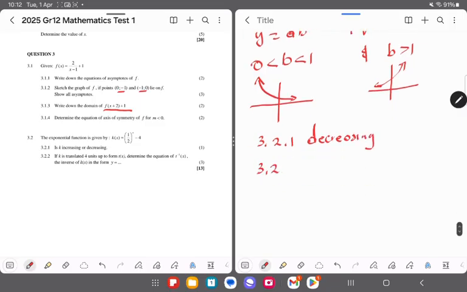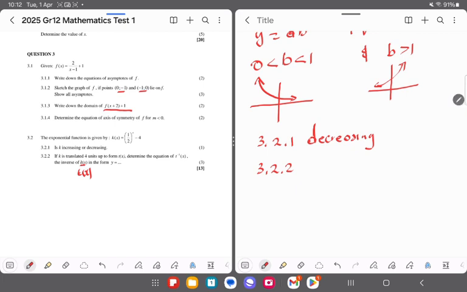Now 3.22, if k is translated 4 units up to form t of x, determine the equation of the inverse of t. This should say t of x, not k of x, in the form y.